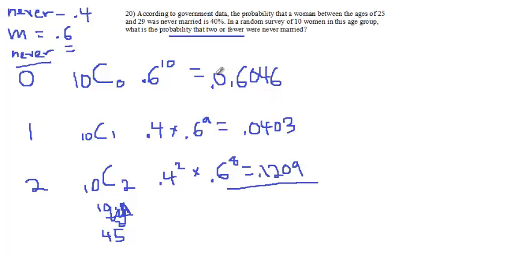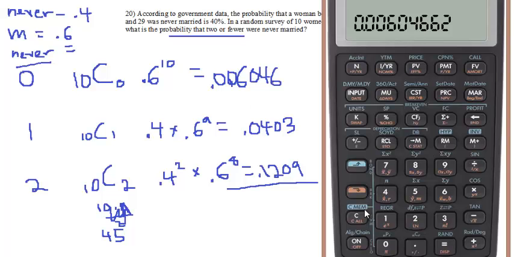This was 0.006046. Sorry about that. So let's add it up on the calculator again. Okay, so we had 0.006046 plus 0.0403 plus 0.1209, and altogether we had 0.1672.